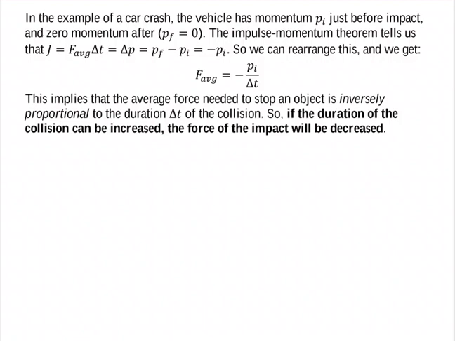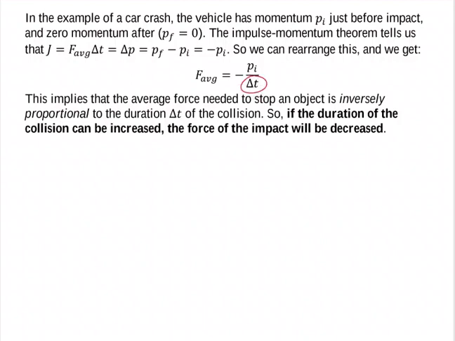The impulse momentum theorem tells us that J, the impulse, equals the average force times delta T equals delta P. And so that's P sub F minus P sub I. Since P sub F is 0, that would just be negative P sub I. So if we arrange all of that formula, we will get the average force equals negative P sub I over delta T.